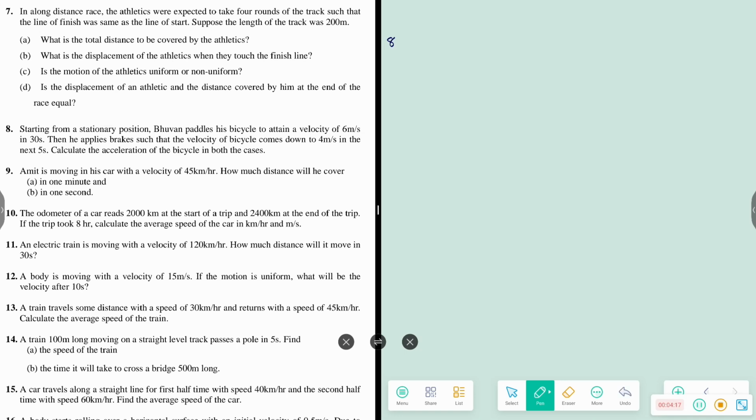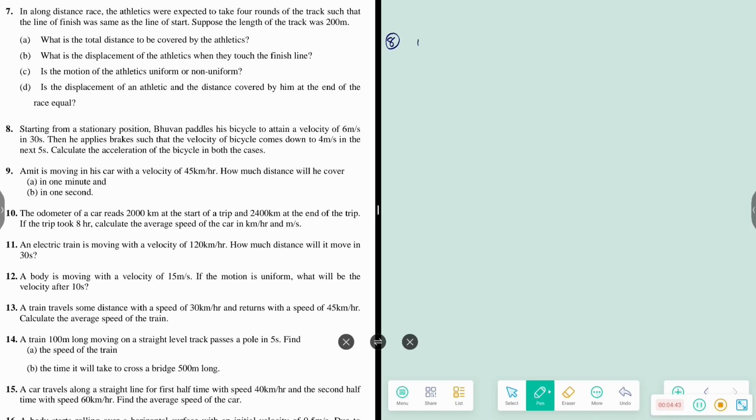Question number 8. In question number 8, it is given, starting from a stationary position, Bhuvan pedals his bicycle to attain a velocity of 6 meters per second. So here one very important point, starting it is a stationary position. Stationary position means rest position. When Bhuvan is at rest position, then what we have to take?